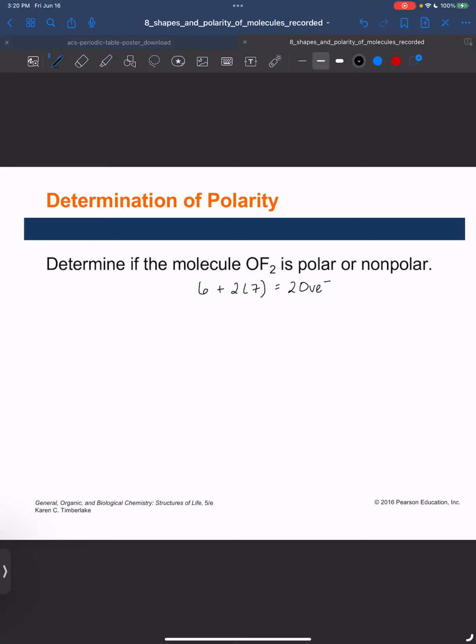Fluorine is more electronegative than oxygen, so oxygen's the central atom, and we connect those together to make the skeleton. And then we have to complete the outside atoms' octets first.